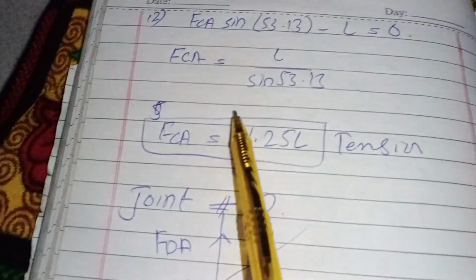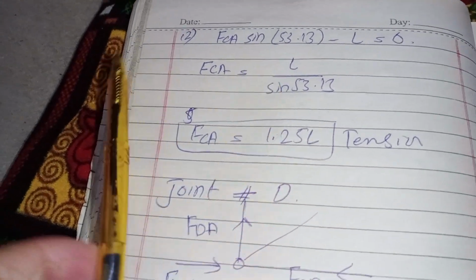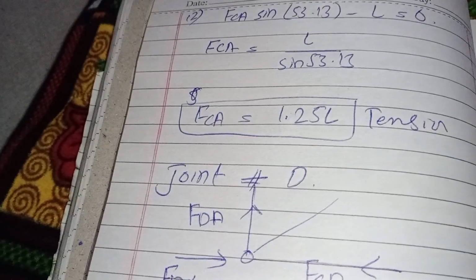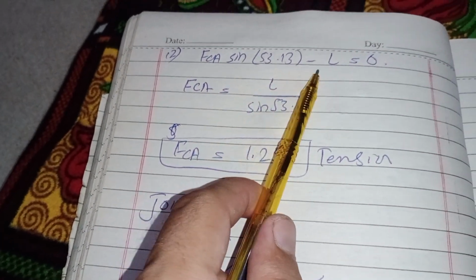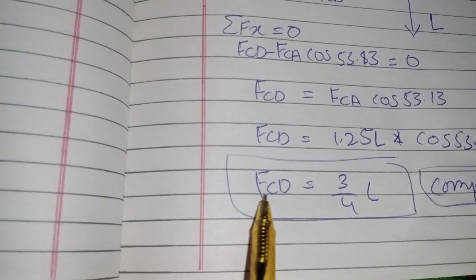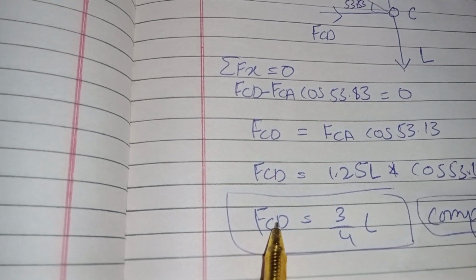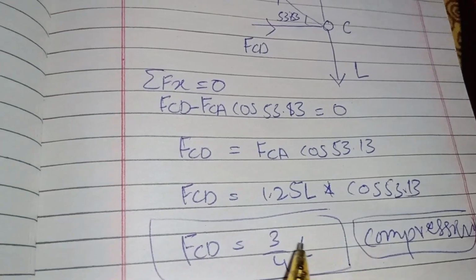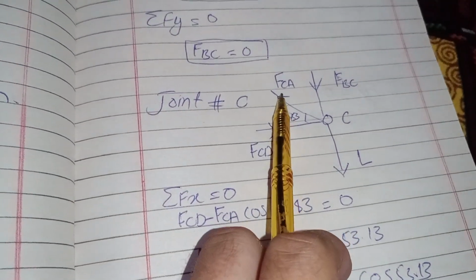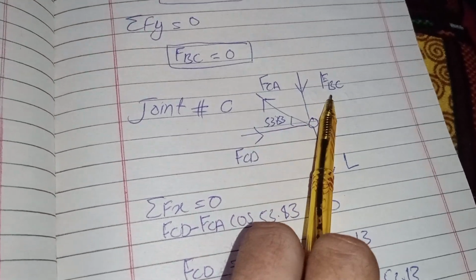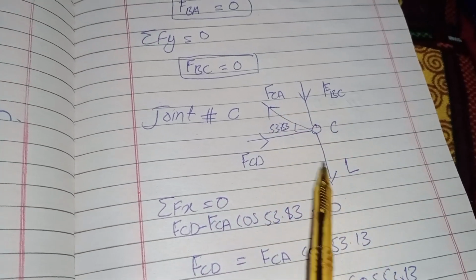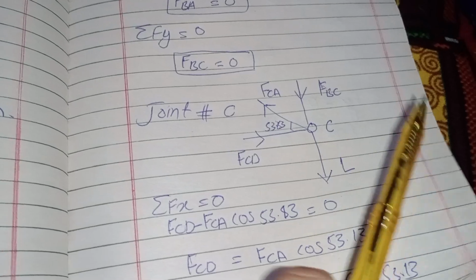Now summation of all vertical forces equal to 0. So FCA sine 53.13, negative L, which are these forces, and negative FBC.